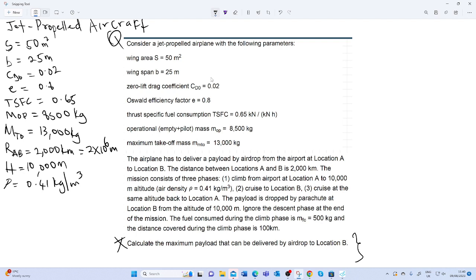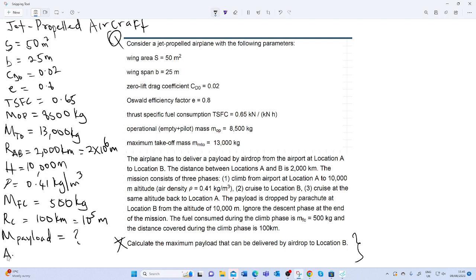The fuel consumed during the climb, MFC, 500 kg. The distance covered during the climb, RC, 100 km, which is 10^5 meters. The mass of the payload drop is what is to be found.